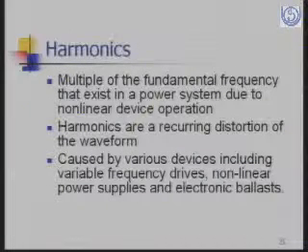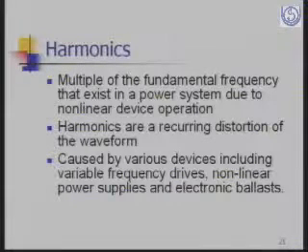Then the third parameter of quality which has to be maintained in the grid is the harmonics. Earlier, harmonics were not playing a major role, but with the advent of electronic equipment, AC-DC converters and electric arc furnaces, harmonics are being injected into the system, and therefore the quality of power supply is affected by the harmonics.